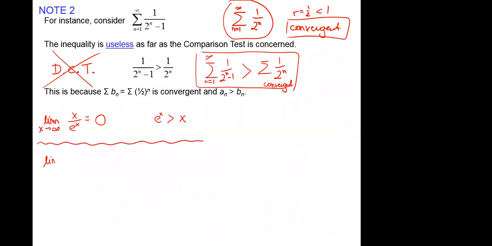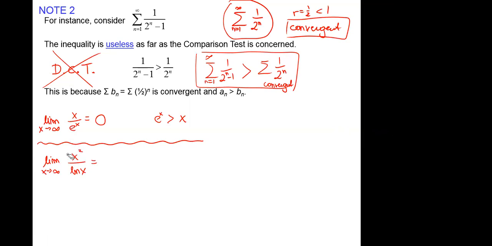Now let me take the limit as x goes to infinity. Let's say maybe ln of x over, oh no, I still want, let's say x squared over ln of x. Now, which function grows faster, the power function or the logarithmic function?